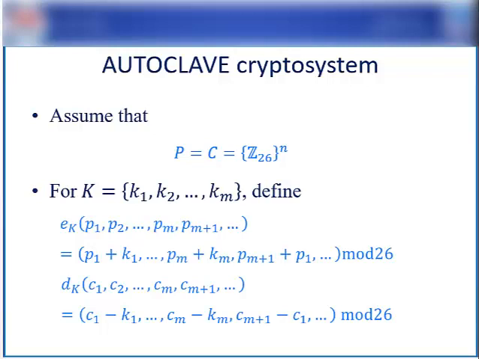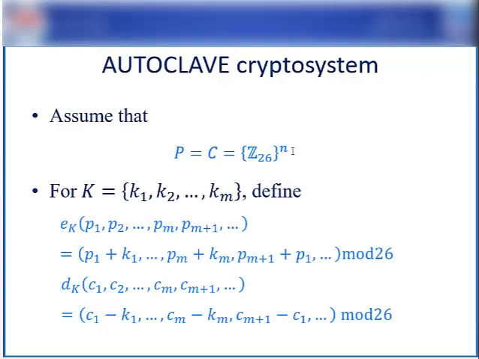Autoclave crypto system is also a polyalphabetic cipher, thus supposing that there are n letters in our ciphertext and plaintext, we define the set of plaintext and ciphertext as a set of integers modulo 26, since there are 26 letters in the alphabet, to the power n, since we can apply n permutations of these 26 letters.